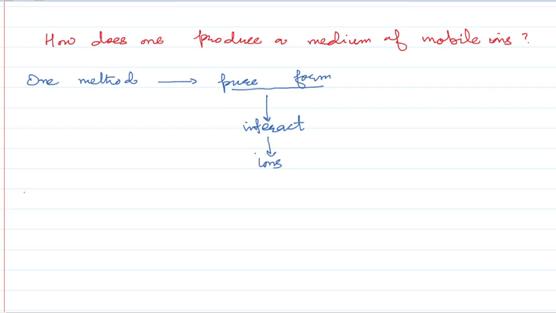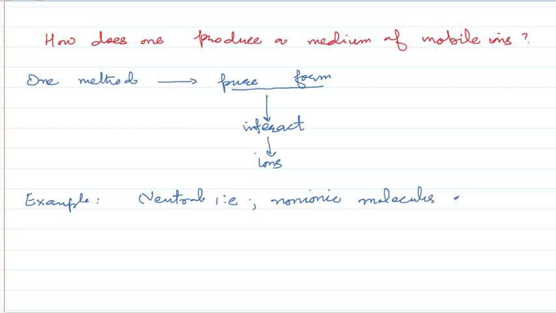Okay, we can take an example here. For example, we have neutral or non-ionic molecules, suppose water molecule and this acetic acid molecule. In pure form they are neutral.